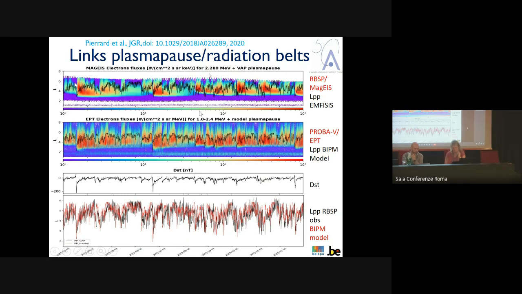This is the case only for energy lower than typically 1.1 million electron volts. And here you have really the comparison of the observations of Van Allen probes in black with the result of the model in red. And you can see that the plasmapause is quite well reproduced in general.